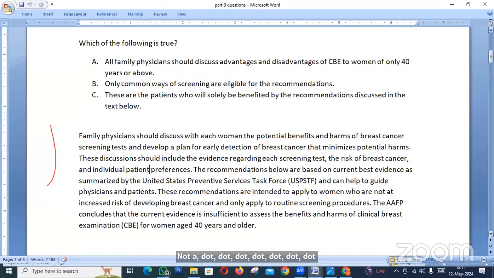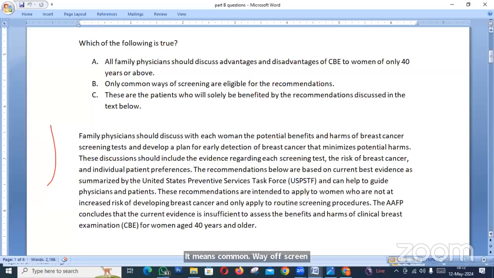The author will include that. Everyone has permission to have a screening, not just some of them who are eligible. Routine means common way of screening. Yeah, I think it is B, but I'm not sure.